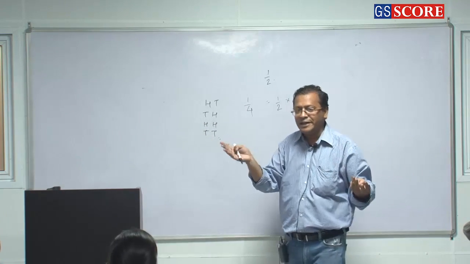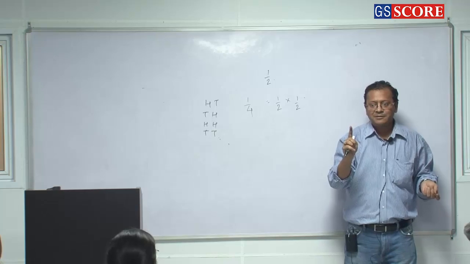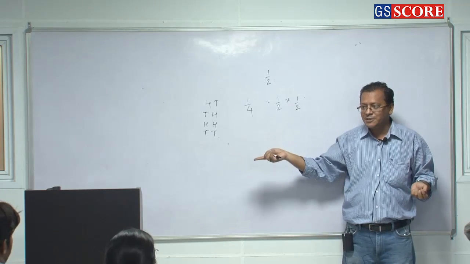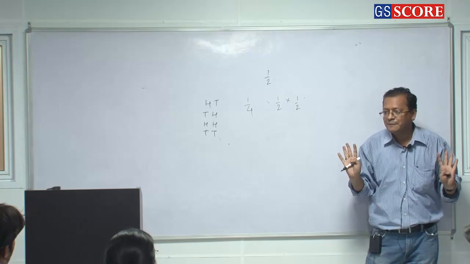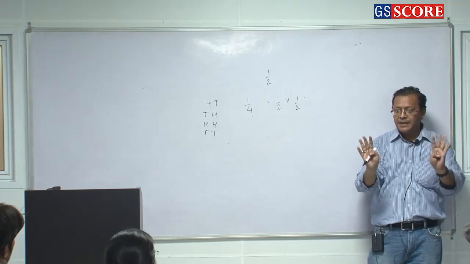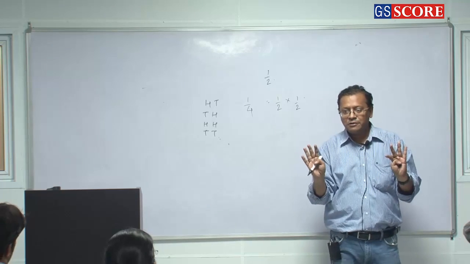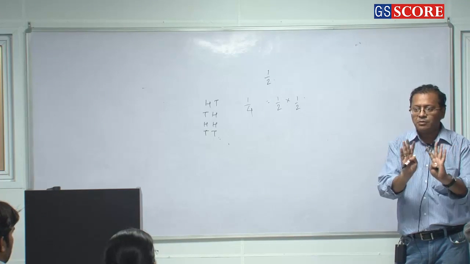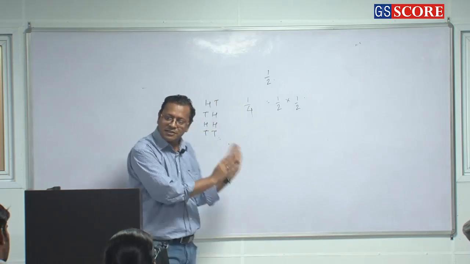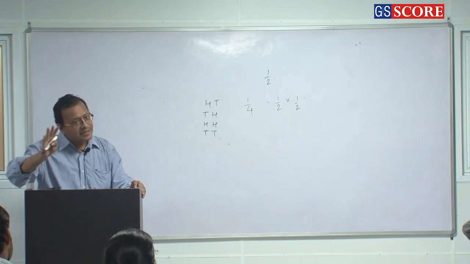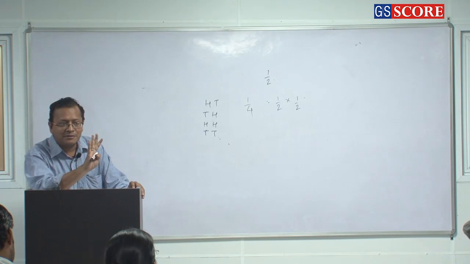It is the same as what we just discussed about independent events. So for independent events, the probabilities are multiplied. For mutually exclusive events, the probabilities are added. Same thing which we discussed in PNC and set theory, nothing different.